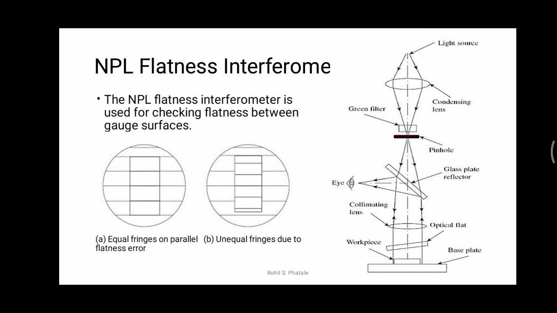When will it remain equal? When the slip gauge is exactly flat, or not having any error. If the slip gauge is perfectly flat, then we will see this kind of image.